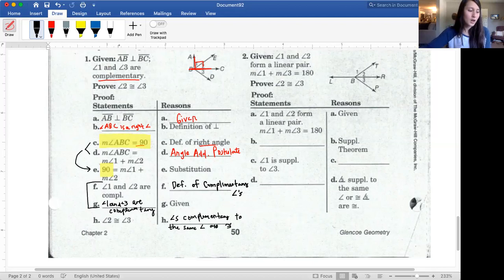That's what the congruent complements theorem says, basically.